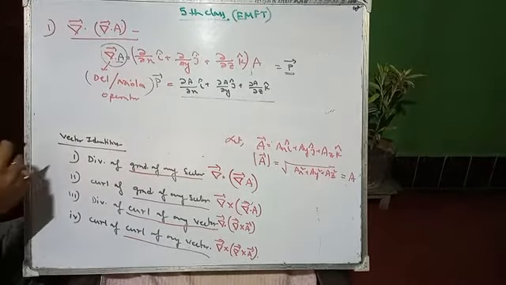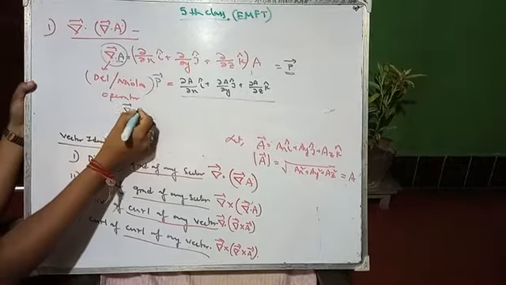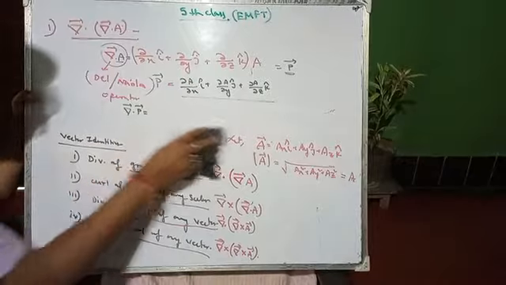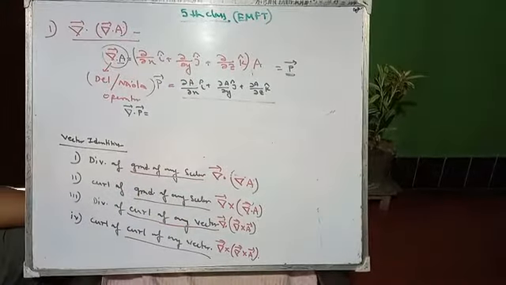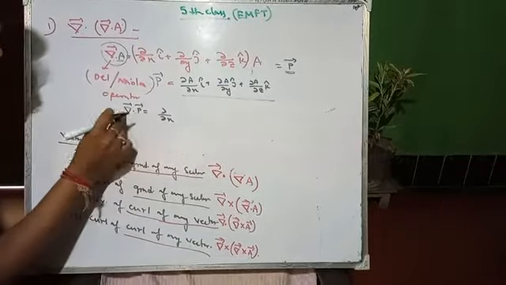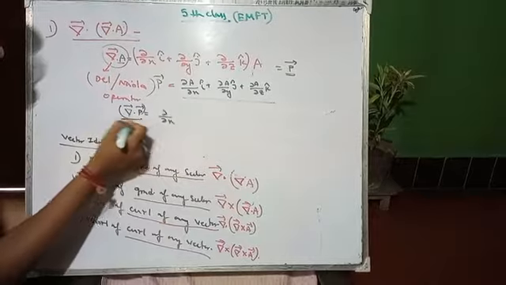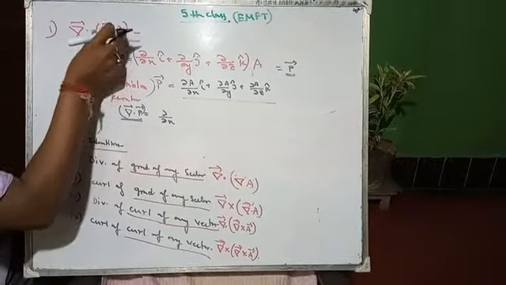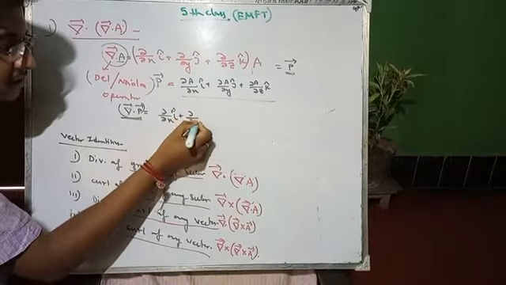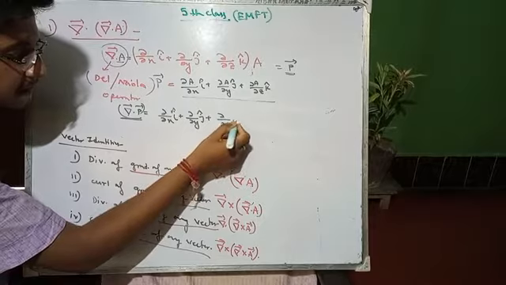So now you have to again find the gradient over this p. Sorry, divergence means this is called divergence of p vector. Divergence means dot product with the nabla operator or del operator.